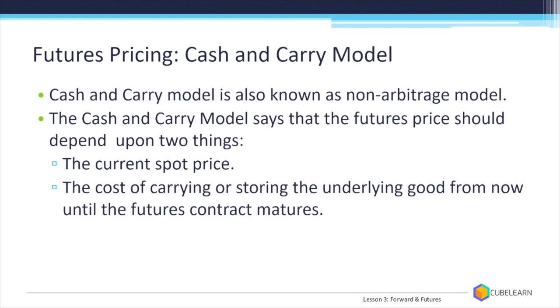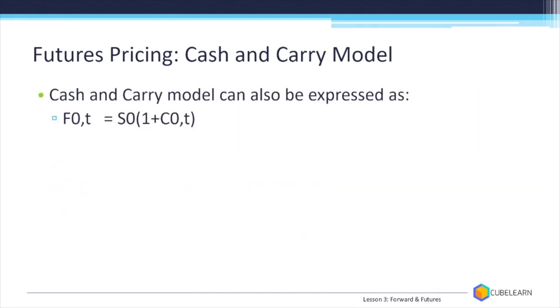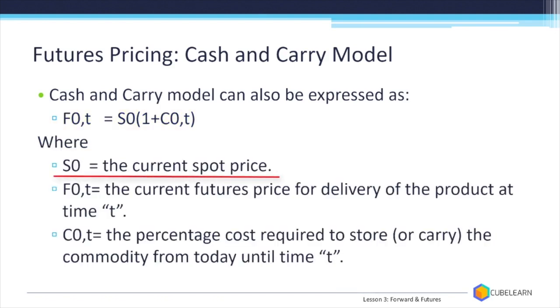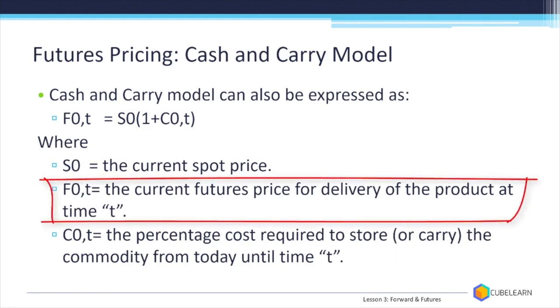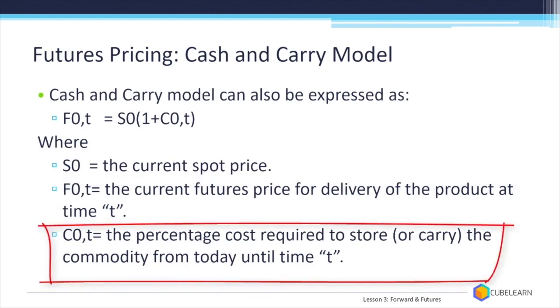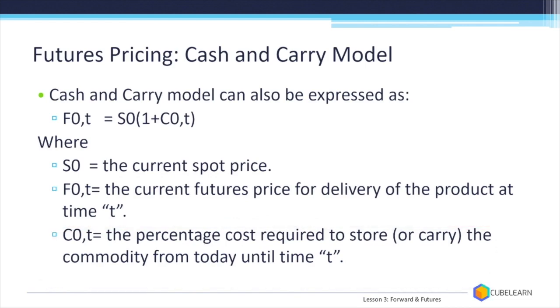When we use a mathematical expression using the cash and carry model for commodities and non-commodity assets, we get this expression, where S0 is the current spot price, F0,T is the current futures price for delivery of the product at time T. C0,T is the percentage cost required to store or carry the commodity from today until time T. The cost of carrying or storing includes storage costs, insurance costs, transportation costs, financing costs.